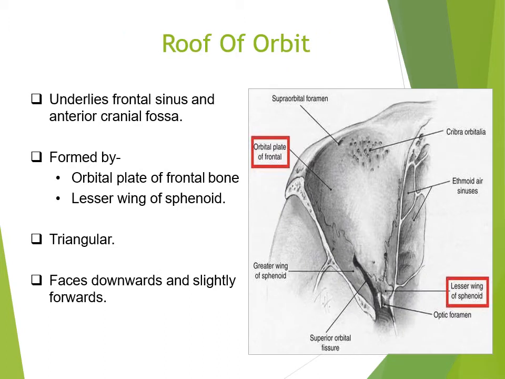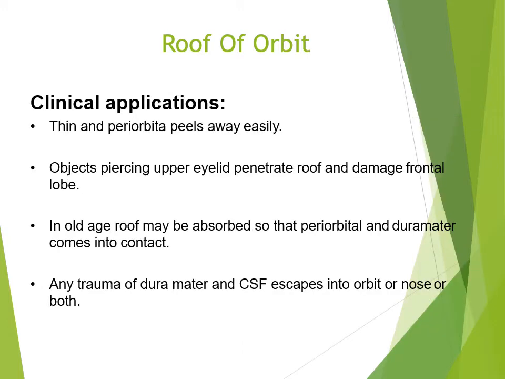The roof of the orbit is made up of the orbital plate of the frontal bone, then the lesser wing of the sphenoid. What is the clinical importance of this?